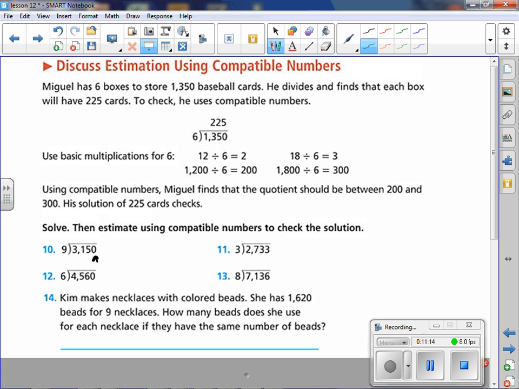So 9 times 300 gets me pretty close to that, which is 2,700. Okay, and that's pretty darn close. So it's about 300. Okay, so just kind of thinking about how we can think these through. Same thing on that next one, right? It's real similar.